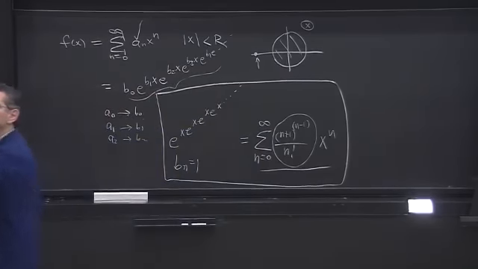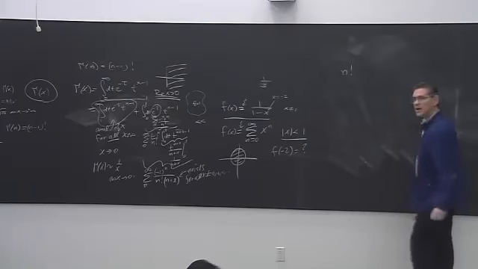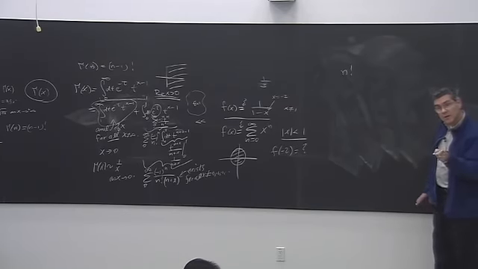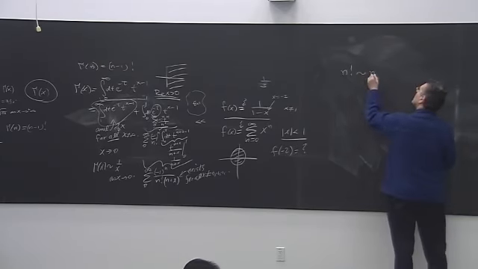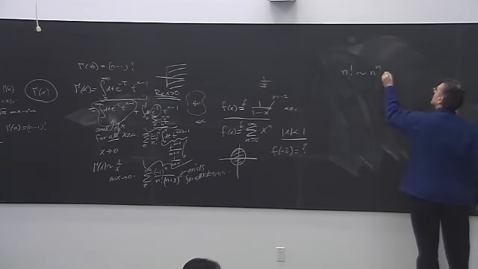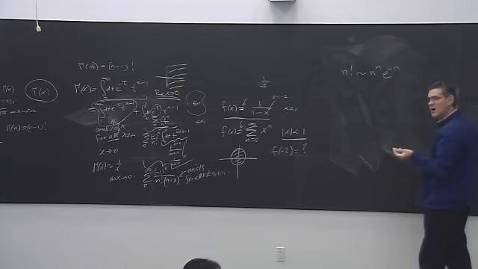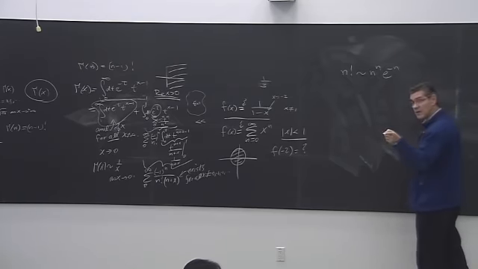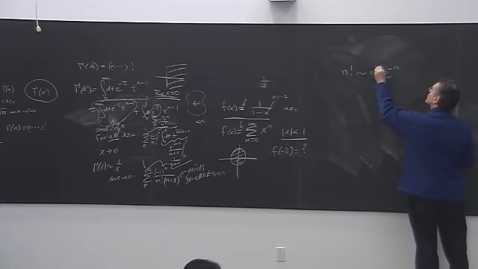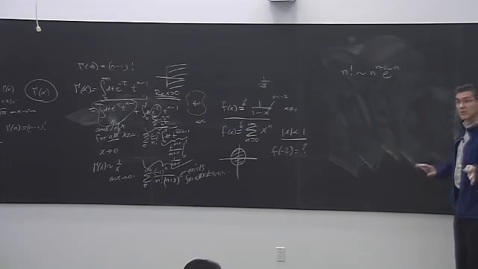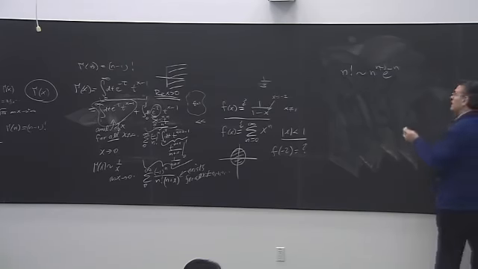So what does n factorial behave like, roughly, for large n? It behaves roughly like n to the n, very important, times e to the minus n, times something less important, a square root of n, so there's a minus 1/2, which is unimportant, times a constant, which is the square root of 2 pi.